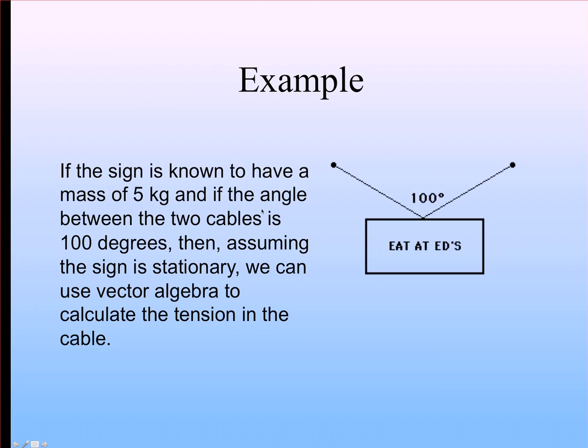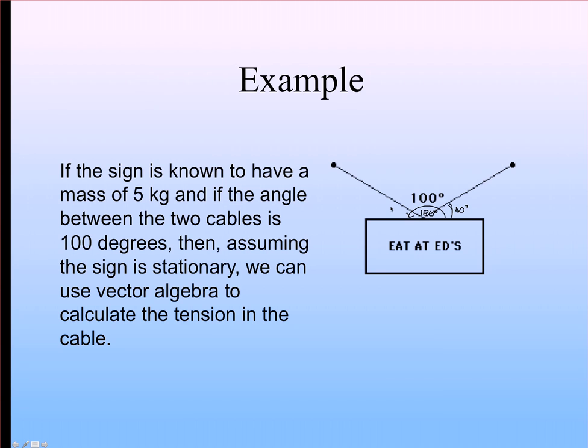Here we have a sign with a mass of 5 kilograms suspended by two cables with an angle of 100 degrees between them. And so given that this angle over here is 180 degrees, that means that this angle over here would be 40.